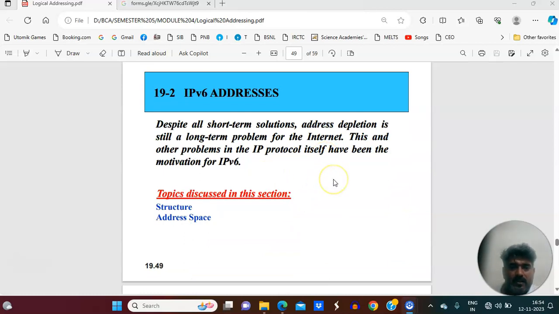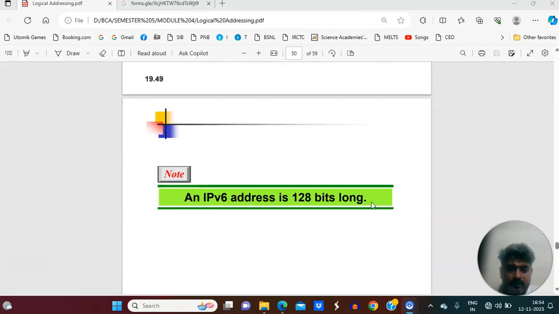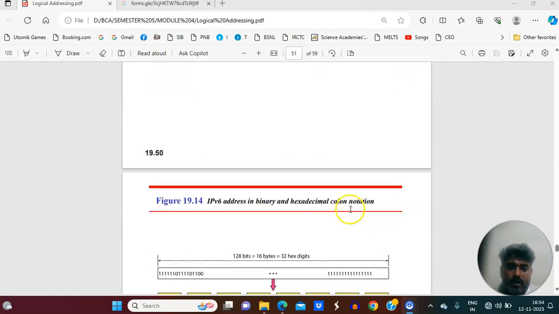IPv6 addresses. Despite all the short-term solutions, address depletion is still a long-term problem for the internet. For this reason, the IP protocol itself has been revised, which was the motivation for IPv6. Here we discuss structure and address space in this topic. The IPv6 address is 128 bits long.